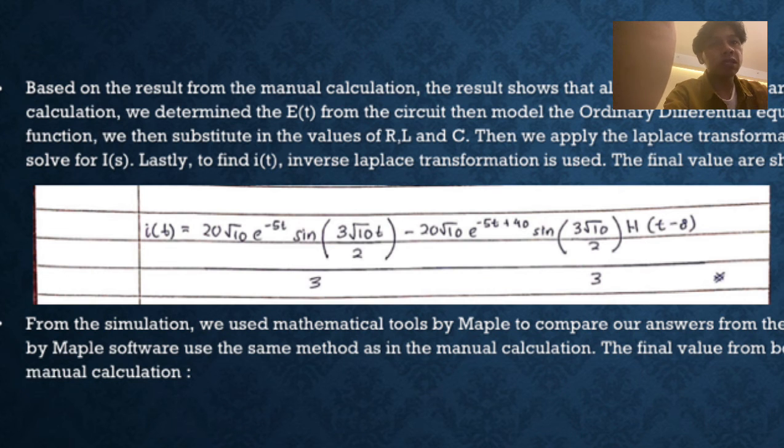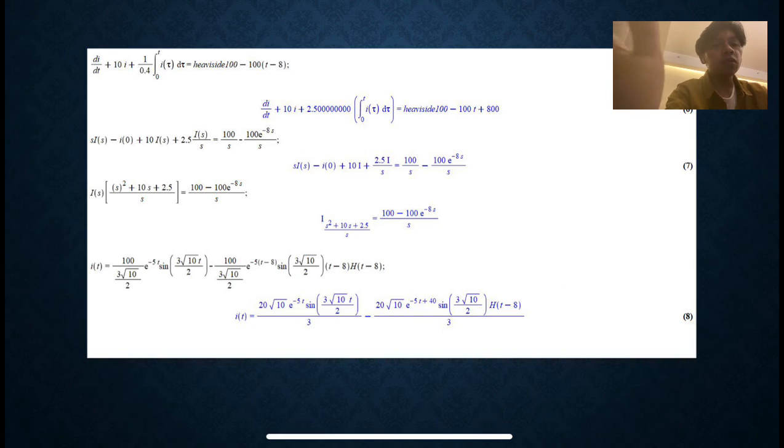And then from the simulation, we use the mathematical tool Maple to compare our answers from the manual calculation with the simulation answers. The simulation by Maple software, as shown, uses the same methods as in our manual calculation. The final values from both methods are the same.